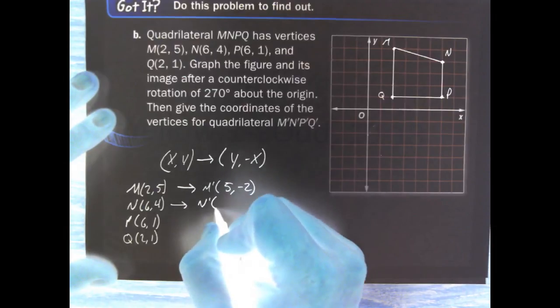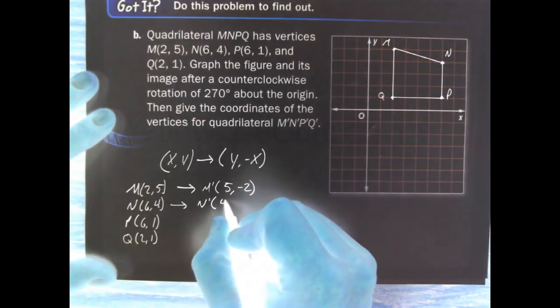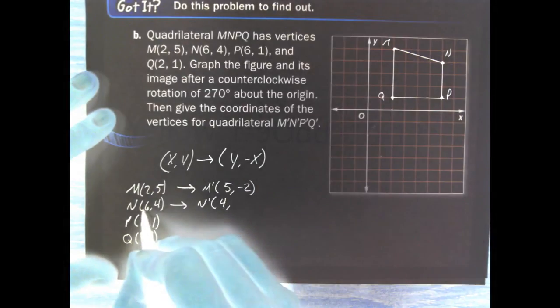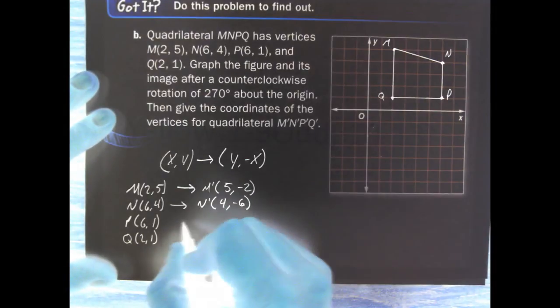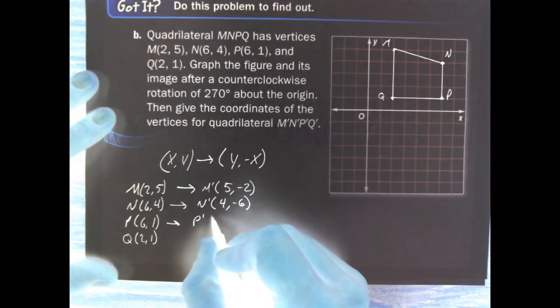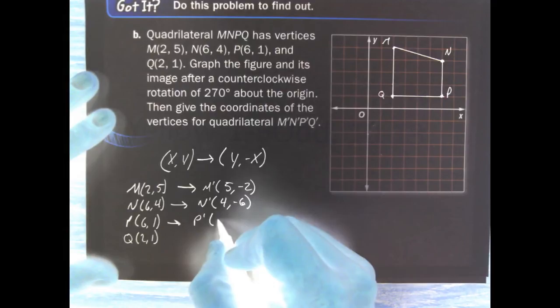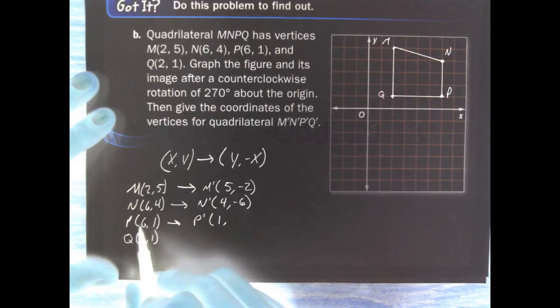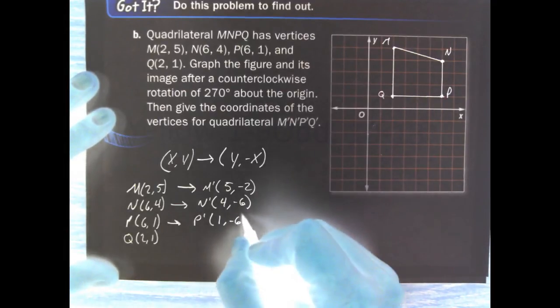N prime, 4 was my y, so now 4 is my x. 6 was my x, and it was positive, so it becomes negative. P prime, 1 was the y, so now 1 is in the x spot. 6 is the x, so I got to turn it negative.